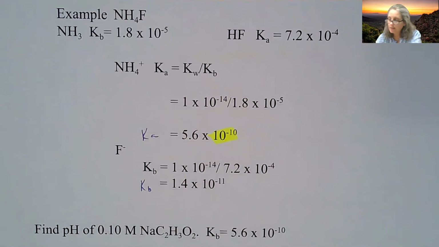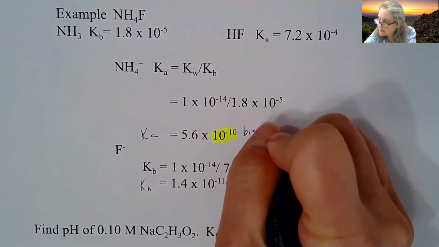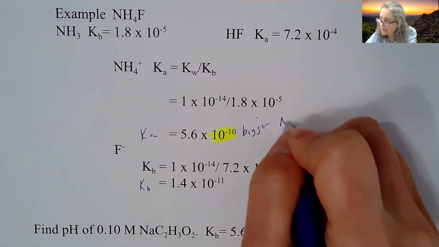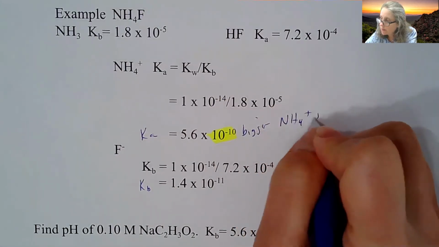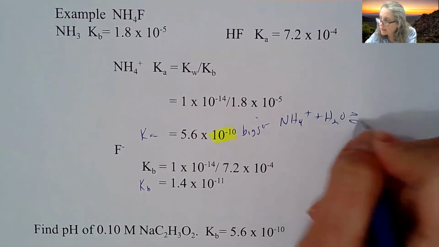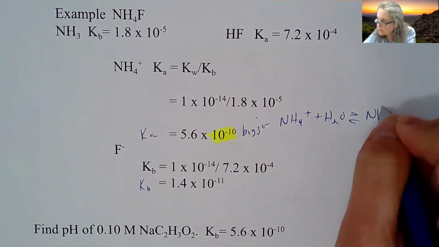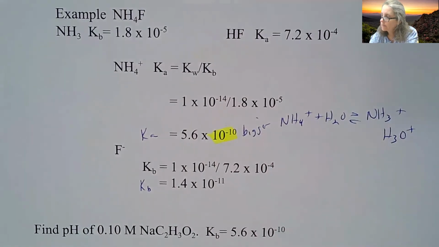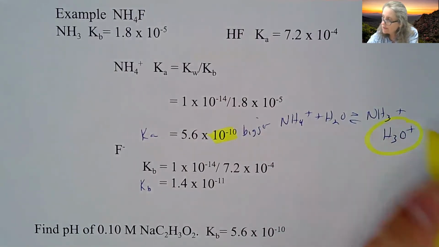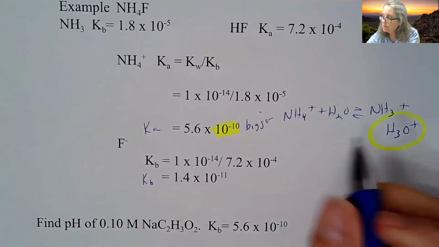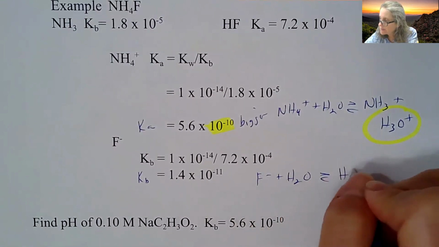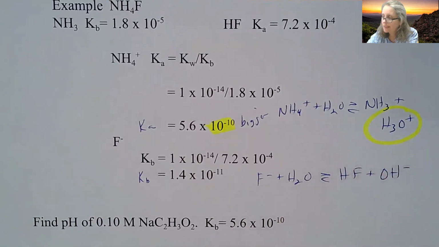So what that means is, since this is bigger, this is going to dominate the equilibrium. So NH4 plus plus water becomes NH3 and hydronium ion. So you're going to have more hydronium ion than you do F minus plus water becoming HF plus OH minus.